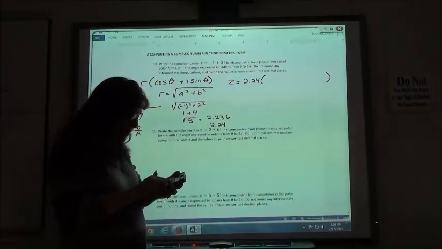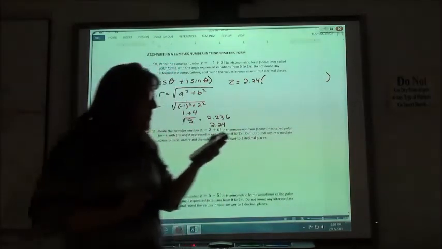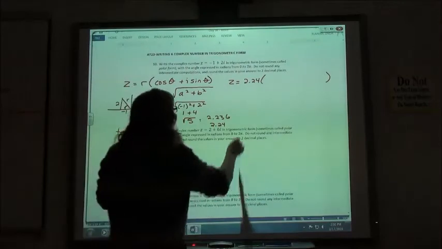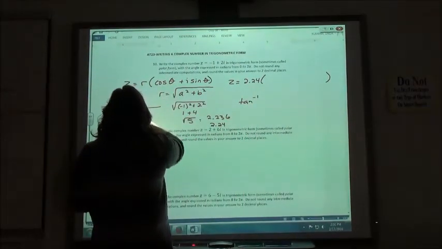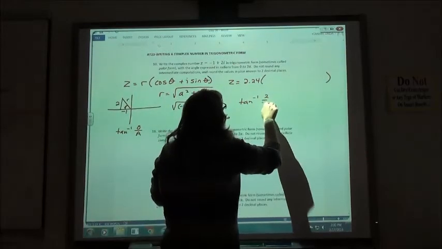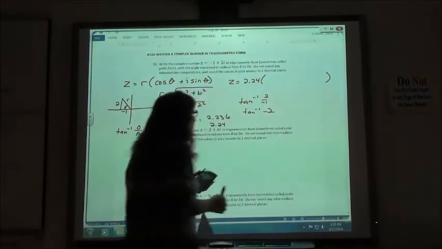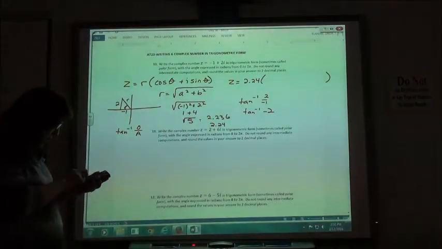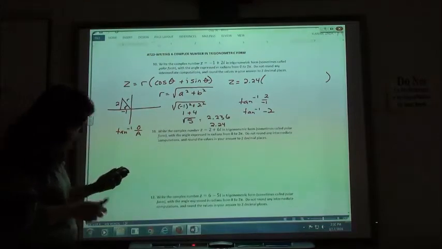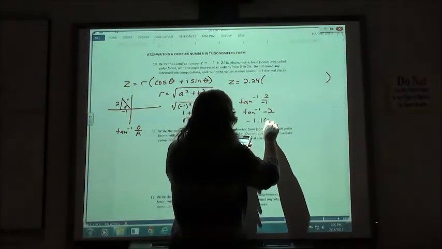So mode 2, so that I have a little r on the top, tells me I'm in radian mode. I'm going to do the inverse tangent of the opposite over the adjacent, so 2 over -1, so the inverse tangent of -2. Shift tangent of -2 gives me -1.1071.